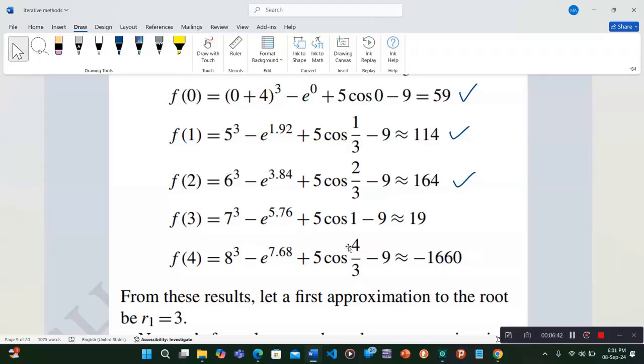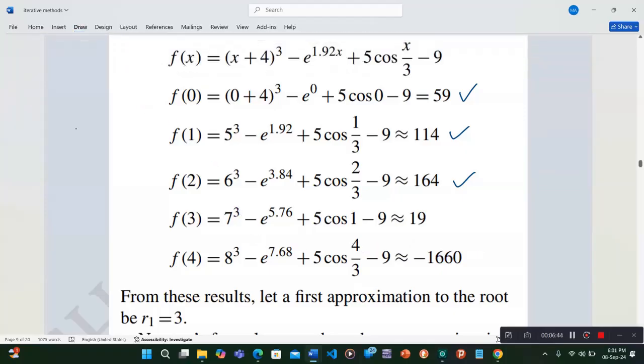So, that means I can move ahead and say, if f of 3 is 19 and f of 4 is negative 1660, which of the two values is closer to 0 than the other?